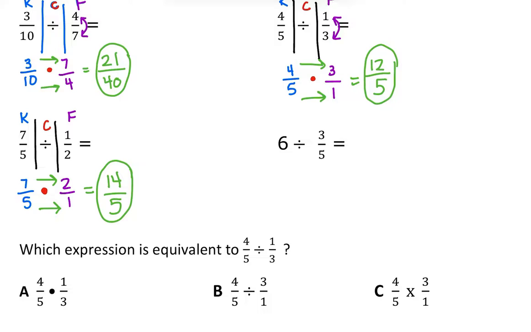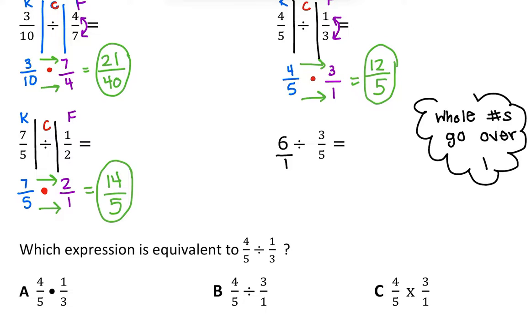All right, last one. We have 6, which is a whole number, and hopefully we remember whole numbers can be turned into fractions by putting them over 1. So first thing, whole numbers go over 1. Let's make that note to ourselves. We've already learned that. So 6 is the same thing as 6 over 1. So we needed a fraction. So now I can do my keep, change, flip.